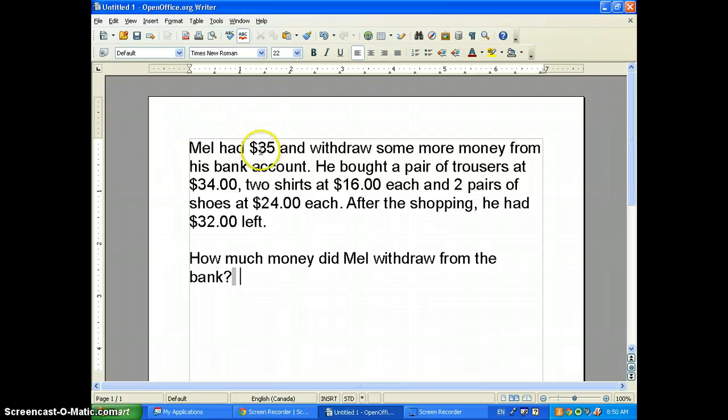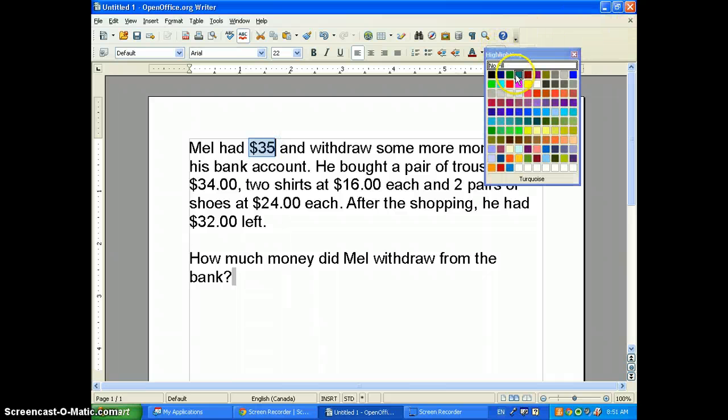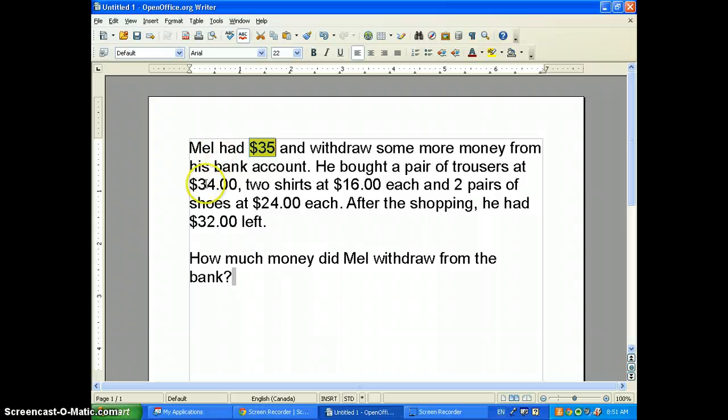So the first thing I'm going to do is look at the numbers. I always highlight the numbers that I want to look at, because you know they are going to come into some sort of thing. Mel had $35 and withdrew some more money from his bank account. He bought one pair of trousers at $34.